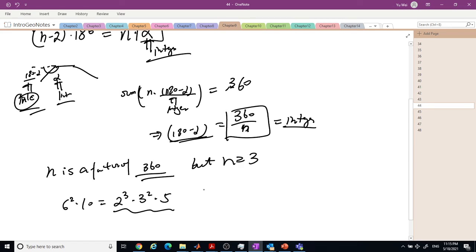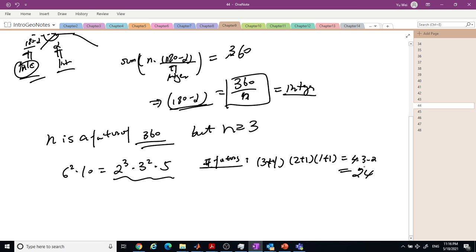The number of factors is (3 plus 1) times (2 plus 1) times (1 plus 1), so it is 4 times 3 times 2, which is 24.